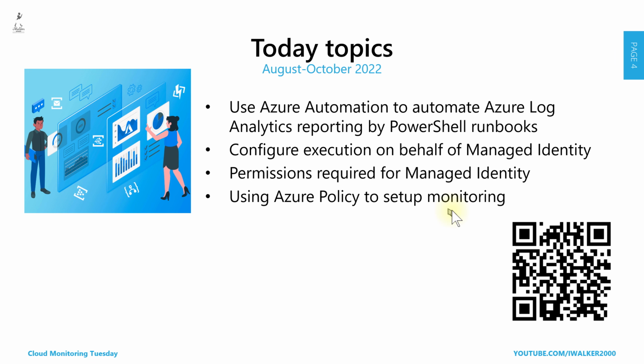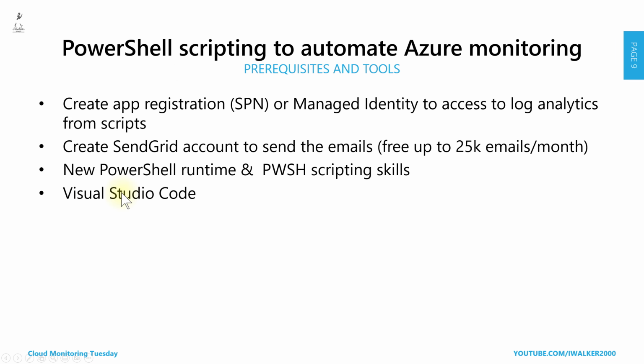Let's start, to better understand from the previous step that we discussed last week: when we are doing the PowerShell scripting to automate Azure monitoring, we need to be sure that we will be able to execute the scripts not as the current user, but maybe by SPN, application registration, or managed identity, to have access to Log Analytics.